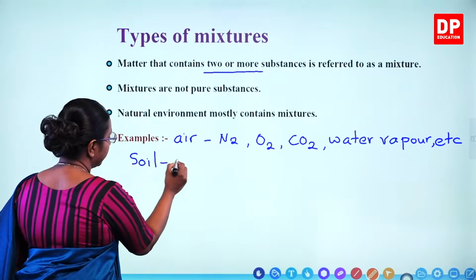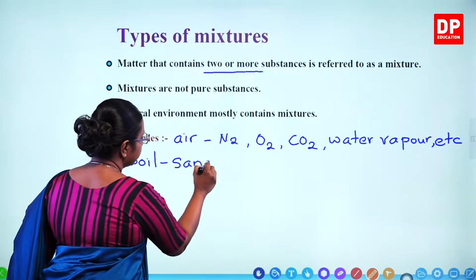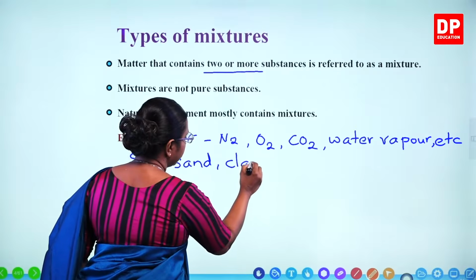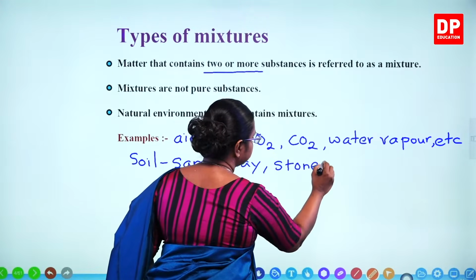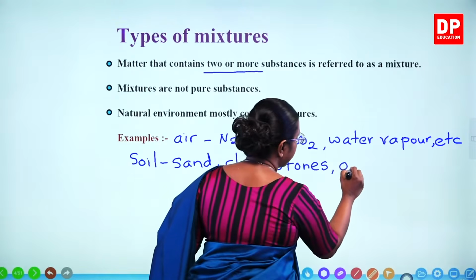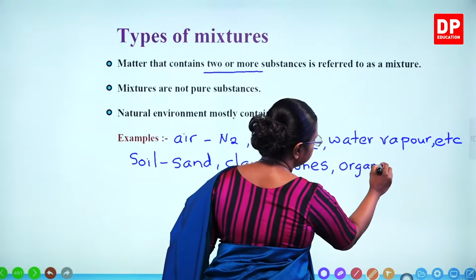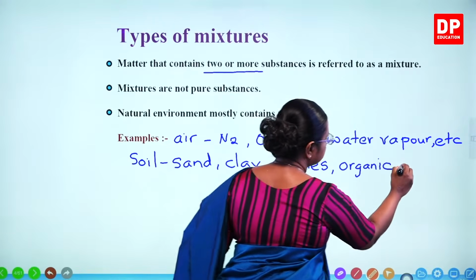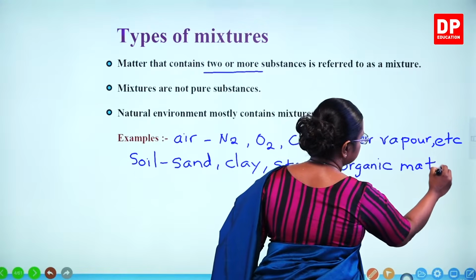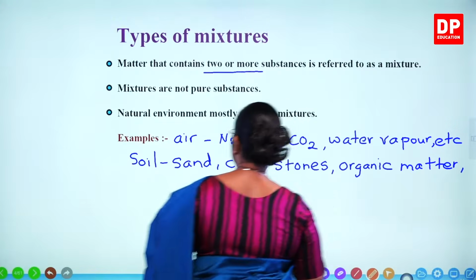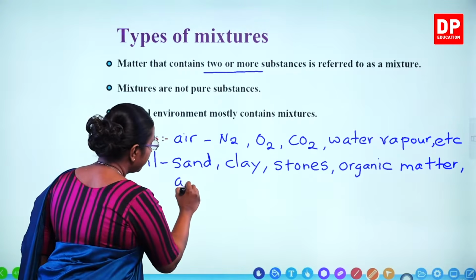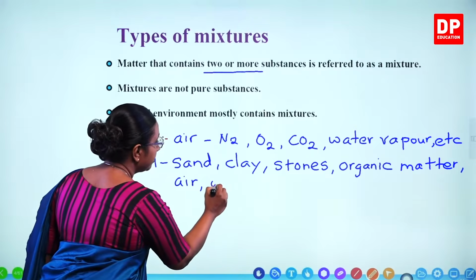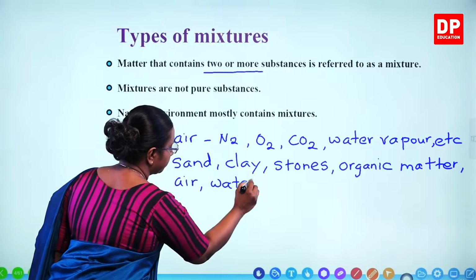Another example, the soil. It contains sand, clay, it can have stones. Then there can be organic matter. In addition to that, the soil can have air, or it actually has air and water.